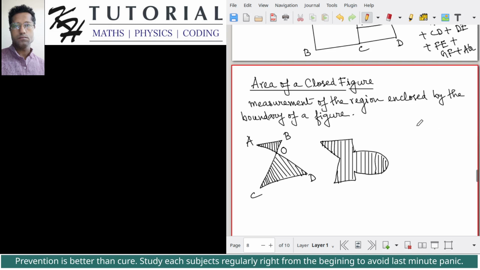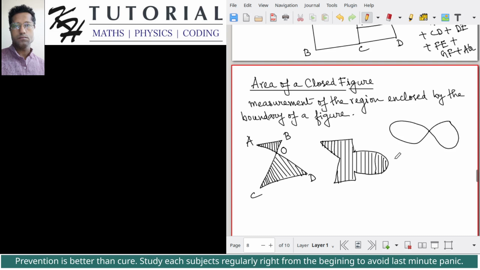Okay, now let's see this figure. This is also a closed figure, but this is not a simple figure, as this figure is intersecting itself at this point.